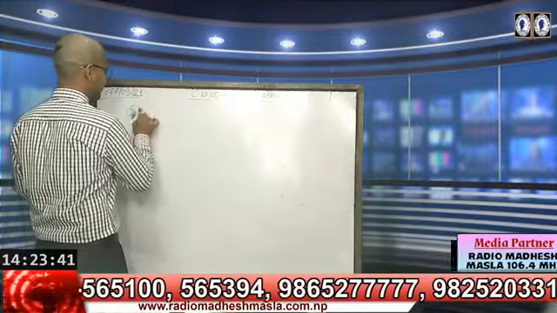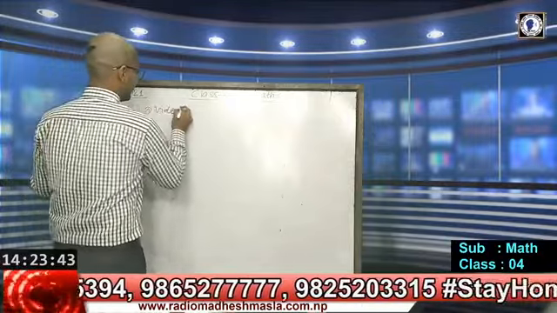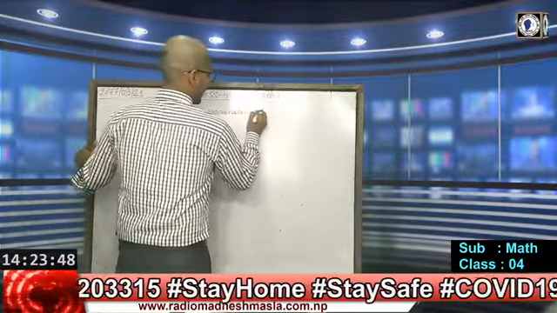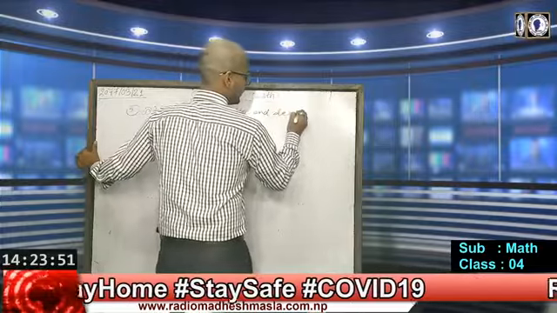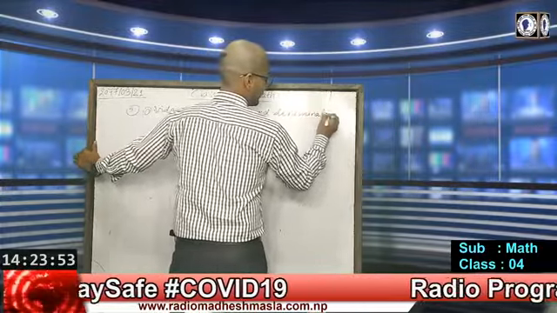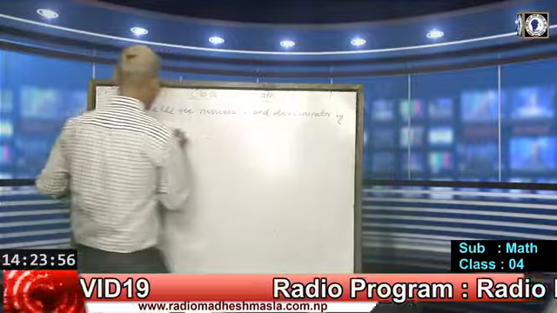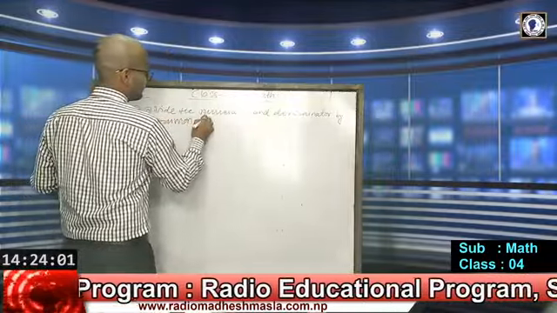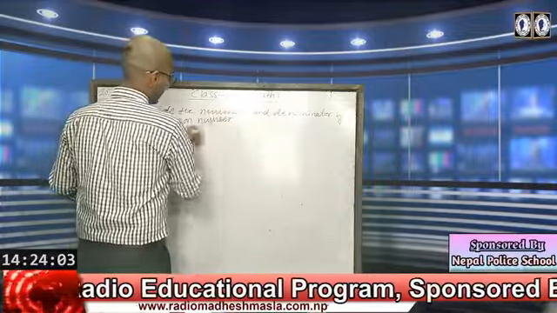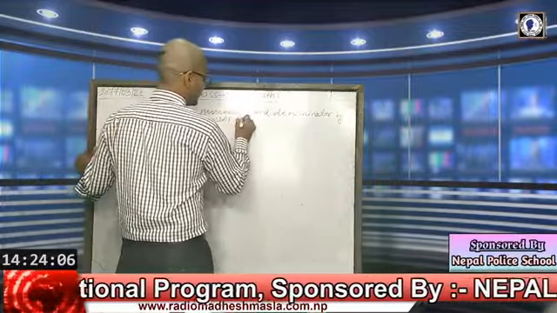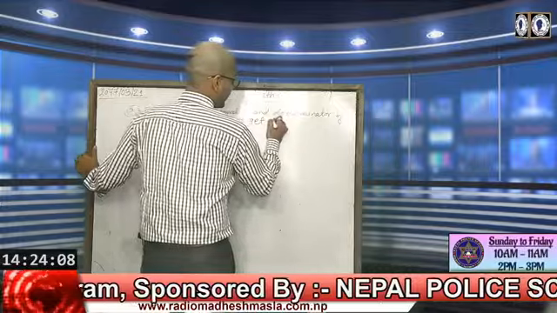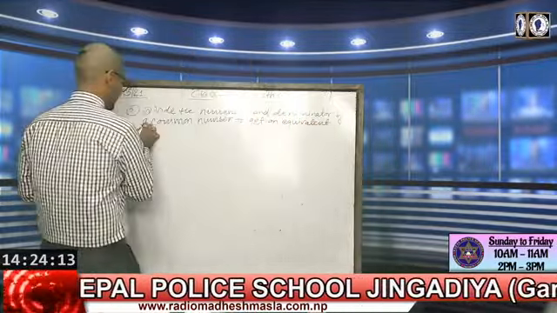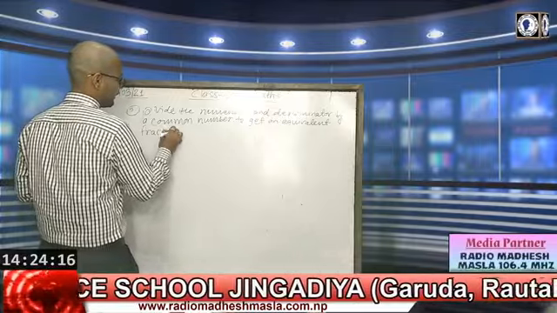Divide the numerator and denominator by a common number, or we can say common factor also, to get an equivalent fraction of the given fraction.